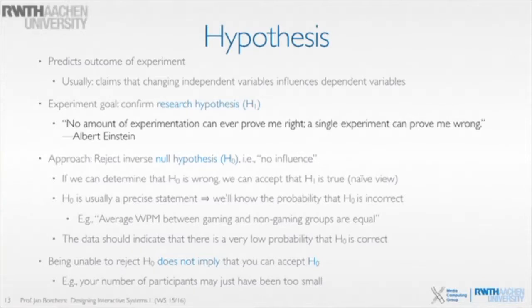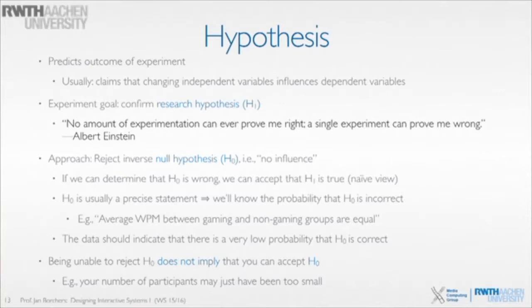The null hypothesis typically means that there is no influence from the independent variables onto the dependent variables. And we can show that this is wrong with a certain amount of confidence. That's why it's called confidence intervals, for example, or significance. And if we can show that, then, that's a sort of naive view, we can accept that the inverse of it must be true.